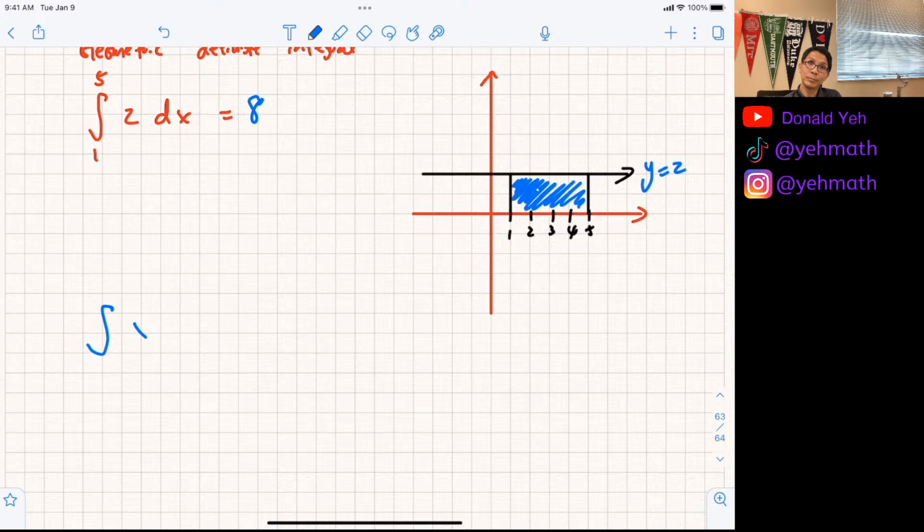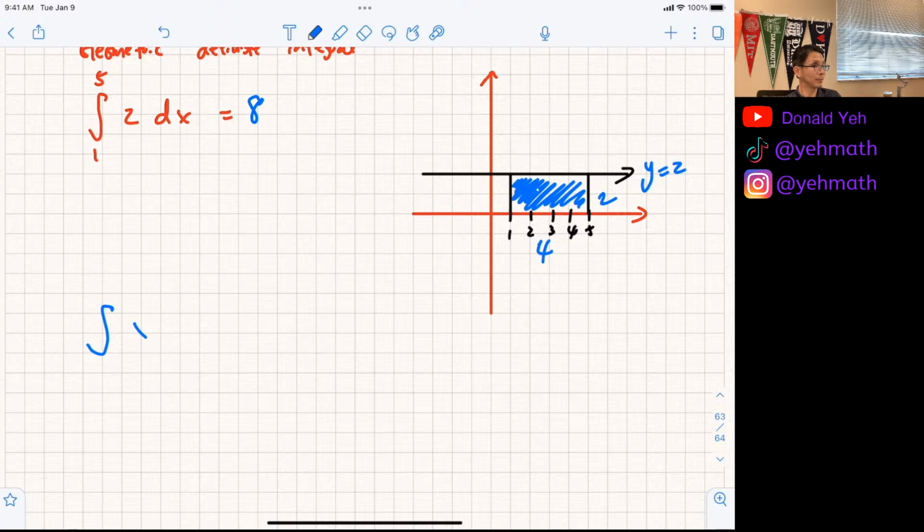Between x equals 1 and x equals 5. And that's 4 long. So you can write a 4 here, 4 long, and it's up to here. So then 4 times 2. It's a rectangle. Why is it 4 and not 5? Because it's 5 minus 1.